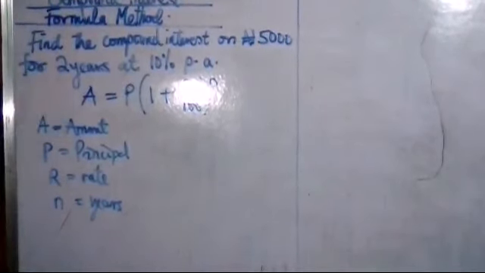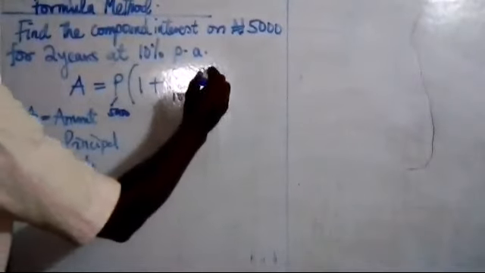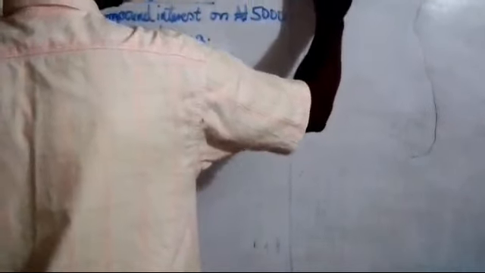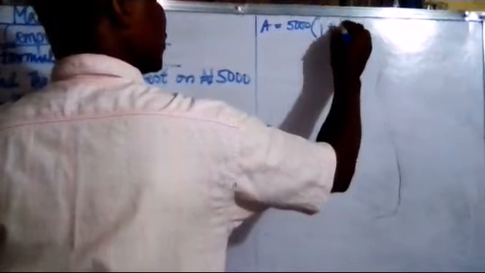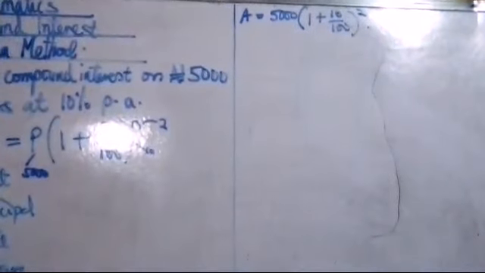So we are given a problem. That means that our P here is 5,000 if we are substituting from this problem. Our N here is 2 and our R here is 10. So following this, what do we have? Our A will be equal to 5,000 into the bracket of 1 plus 10 over 100 all raised to power 2. That's what it becomes.